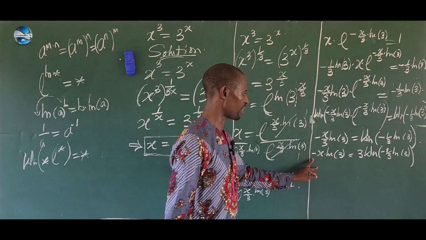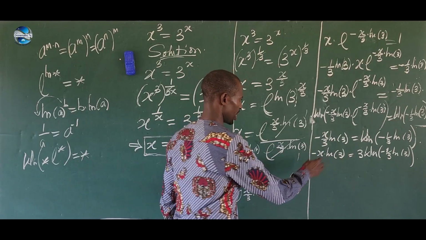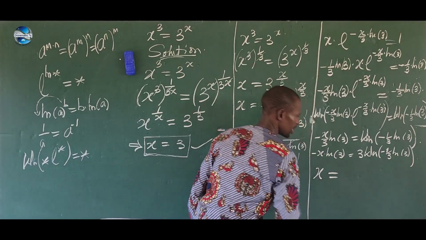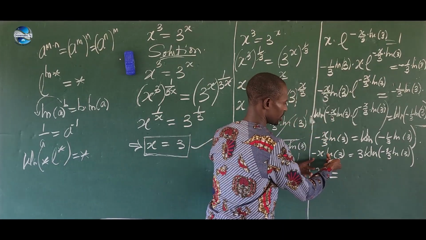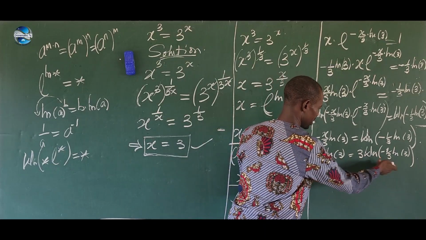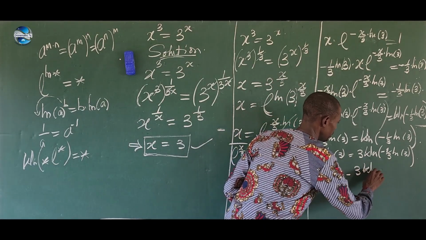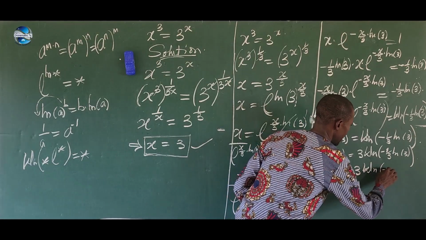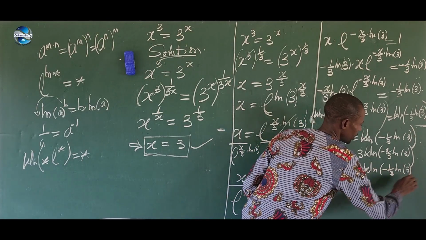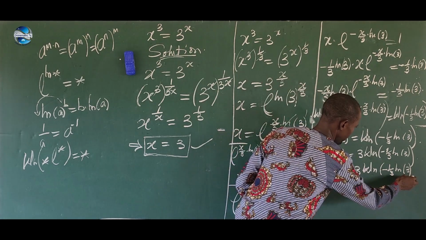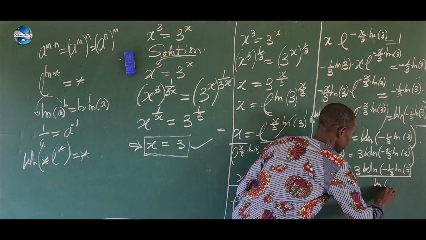We just have to divide by minus ln of 3. If we do that, we're going to have x is equal to minus, because this minus and this we're going to use to divide this. So this is going to give us minus 3 times the W of minus 1 all over 3 times ln of 3, everything all over ln of 3.